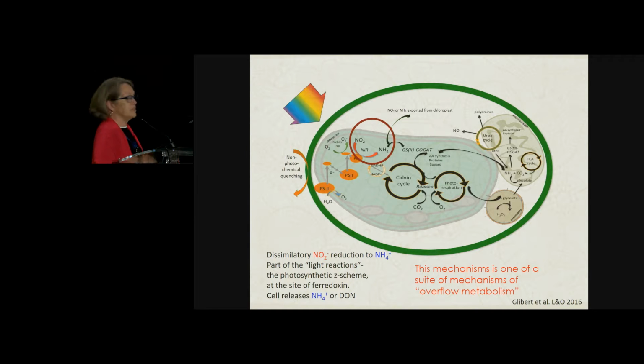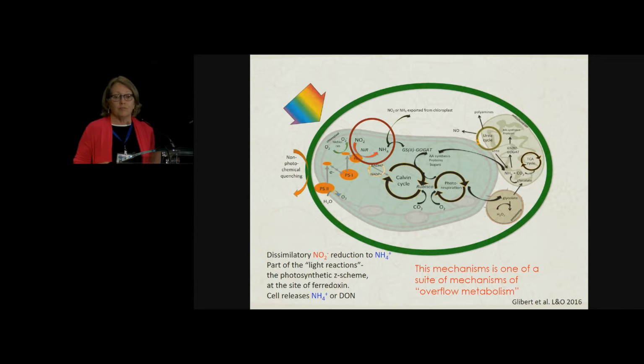And in diatoms, this dissimilatory nitrate reduction to ammonium is one of these pathways. It occurs in the light reactions of photosynthesis here. This ammonium is produced in the chloroplast, but not all of it goes to nitrogen assimilation. Some gets spun off from the cell, and we think of this as this overflow metabolism.